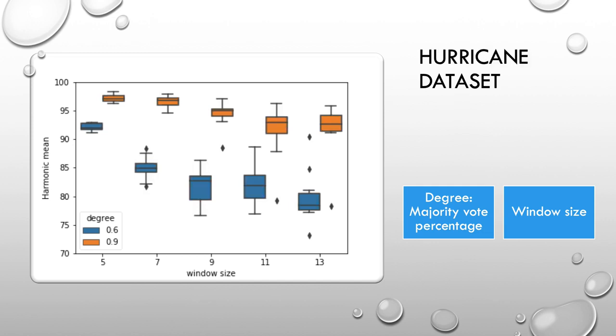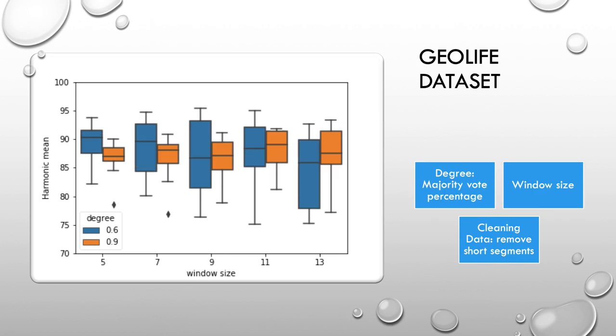For the hurricane dataset, the higher degree of majority votes provides higher quality segments. However, the increase of window size didn't increase the performance. We think this is because of the sampling rate in this dataset, which is 9 hours. For geolife datasets, shorter window sizes with higher majority vote degree provided more robust results.